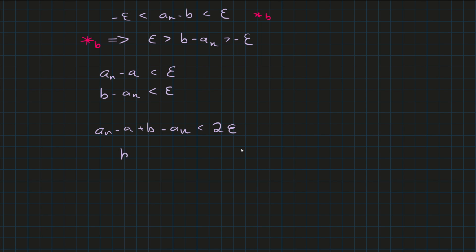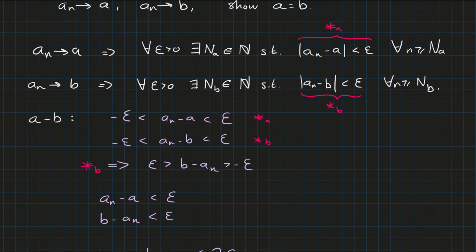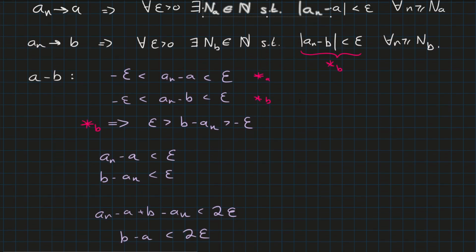And so we clearly get that B minus A is less than 2 epsilon. The point is that this is for some choice of epsilon. Whatever epsilon I want, there is a way to find N_A and N_B that make this true. And so we just take the max of them.